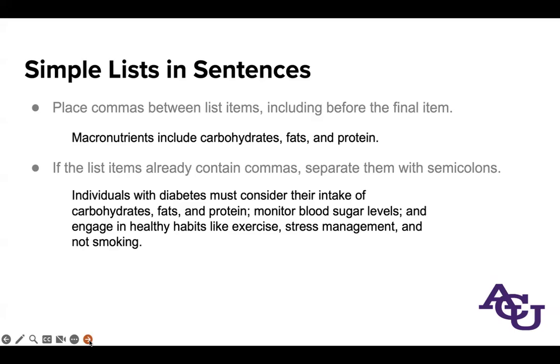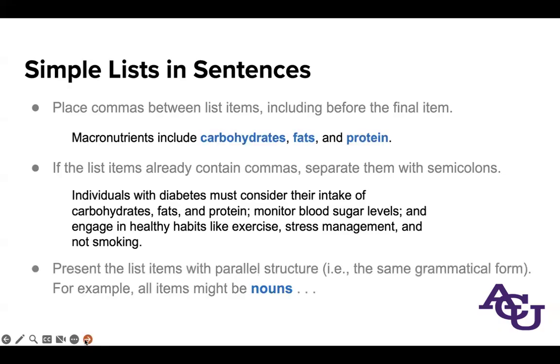So because we already have commas there, it could be confusing for the reader to try to figure out what are the actual 3 big points that we're listing here. So that's why we use a semicolon, which has a bit of a stronger pause to show where those list items end and the next one begins. And notice that as with the serial comma earlier, we have a semicolon before the last and, or the third item.